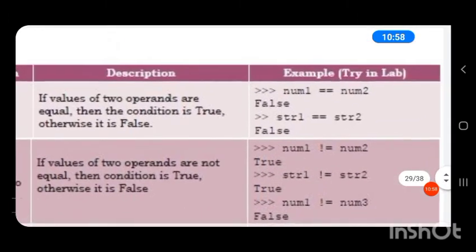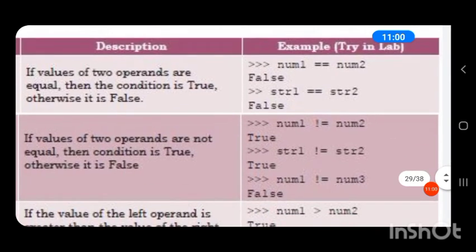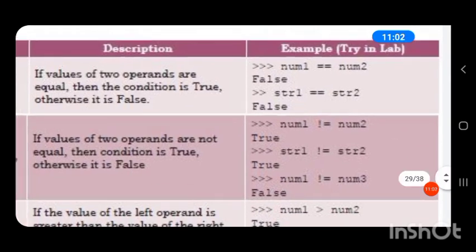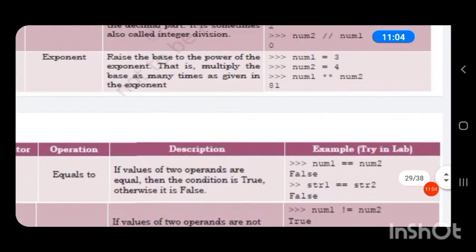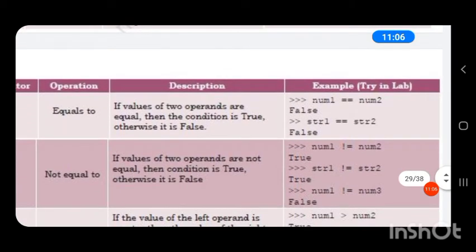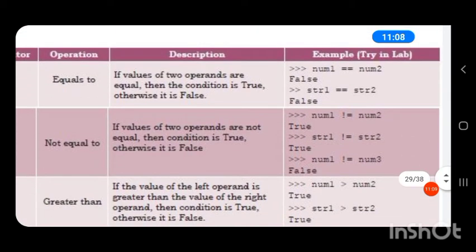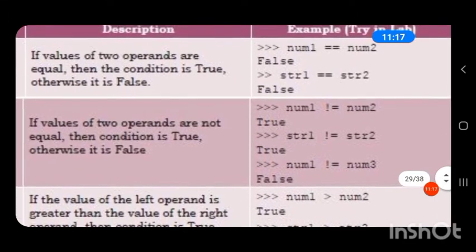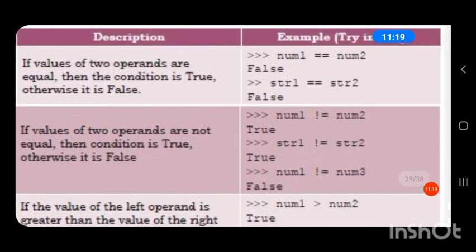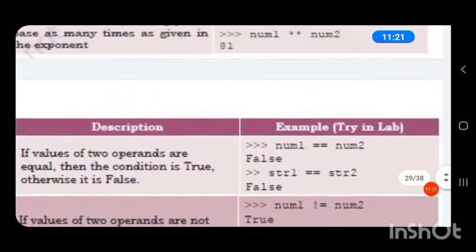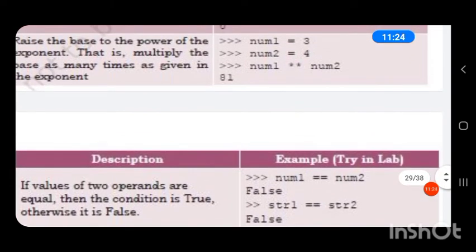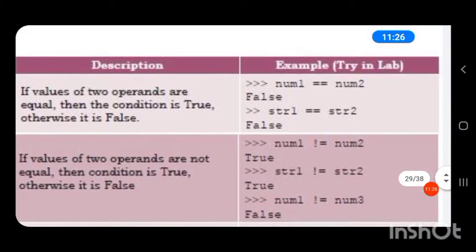So let us consider this example. We have two variables num1 and num2. We know that num1 is equal to 3 and num2 equal to 4. So if we write num1 == num2, then since the two values are different, num1 is 3 and num2 is 4, it returned false.